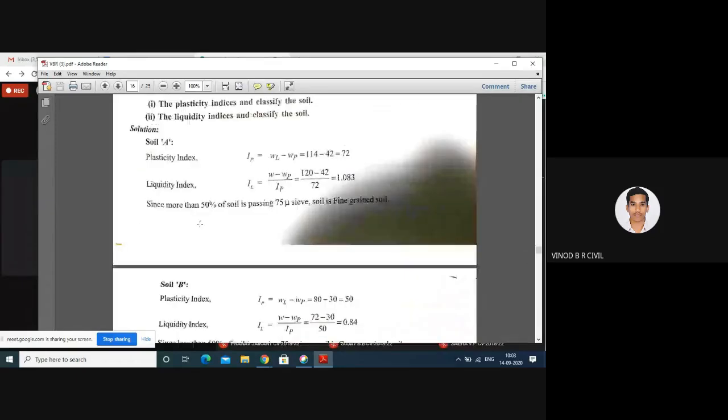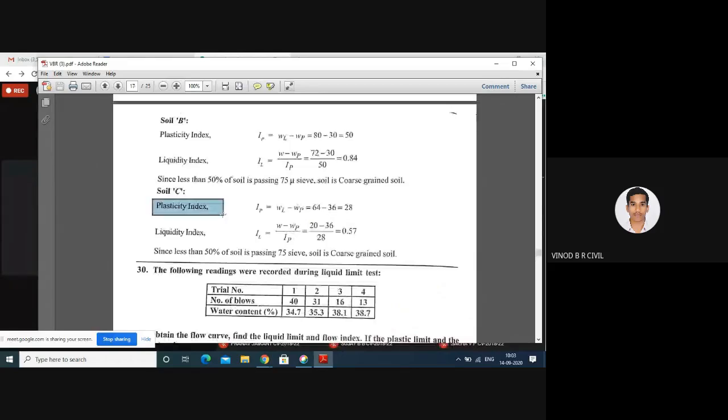For soil C, plasticity index is denoted by IP. IP is equal to liquid limit, WL, minus WP, 64 minus 36, that is 28. Liquidity index IL equals water content W minus WP divided by IP.